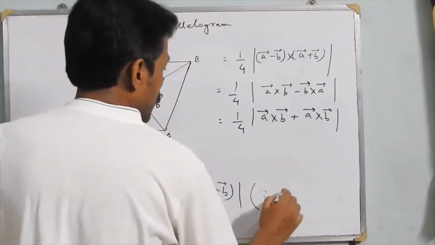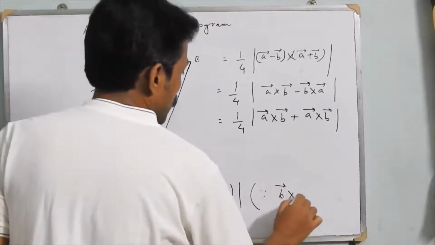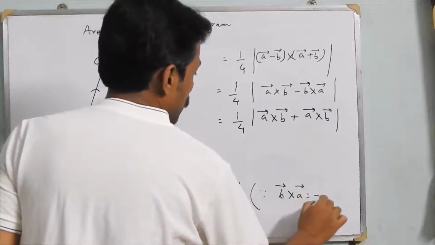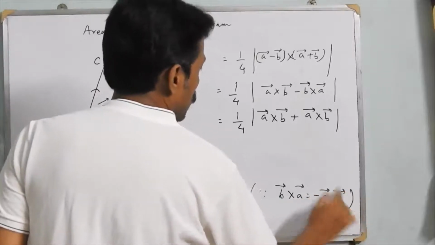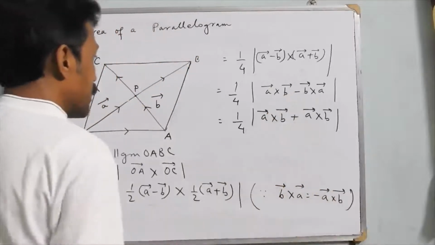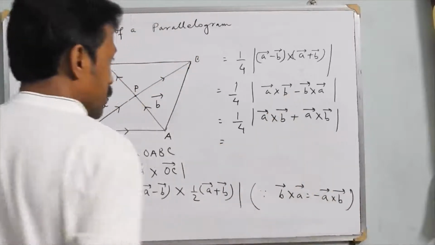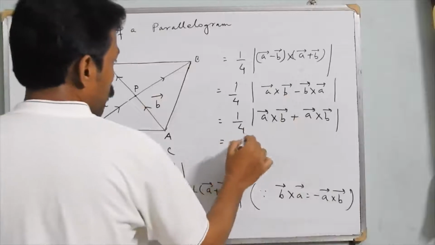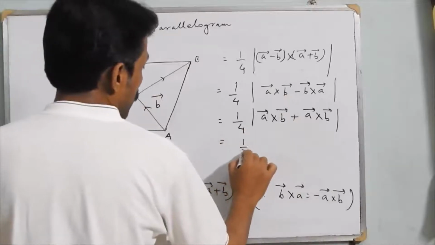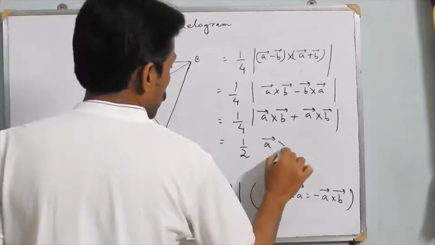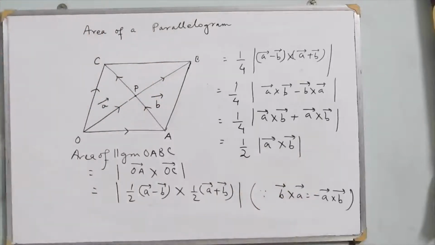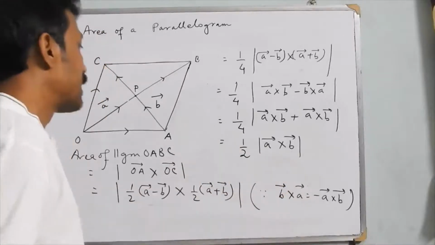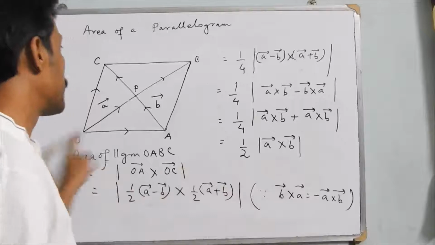So since B cross A is minus of A cross B, these two minus symbols, minus of minus, will give you plus. So this is twice of A cross B. So 1 by 4 into twice of A cross B, you will get half of A cross B. So you get the area of the parallelogram as half of the modulus of A cross B, provided A vector and B vector represent the diagonals.